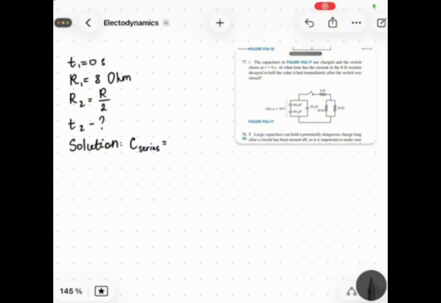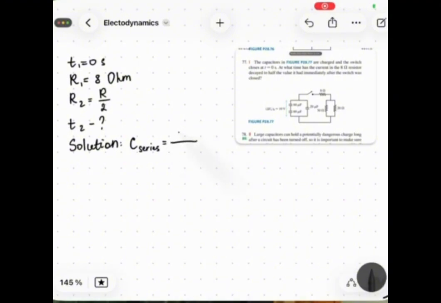Here we have series capacitors in a row, so I multiply them and divide by their sum: 60 times 20 divided by 80, which equals 30 microfarads. Oops, I wrote the wrong unit. Let me fix it.